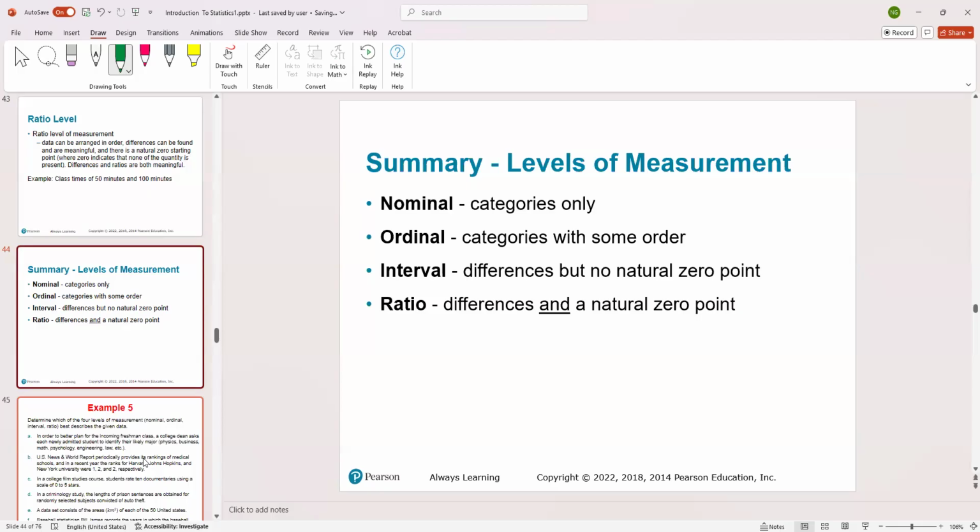Interval has differences, but no zero point, and ratio has differences and a natural zero point. Remember the inherent zero: 0 degrees Fahrenheit and $0 in your pocket are two different zeros. 0 degrees Fahrenheit means it's very cold, but $0 means you have no money.